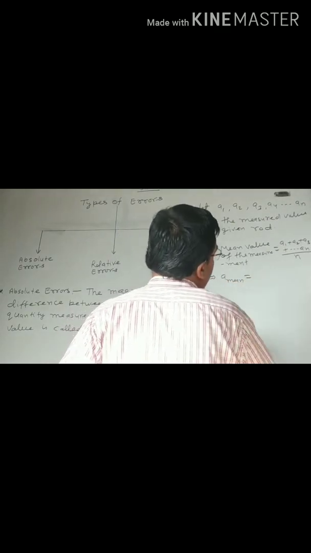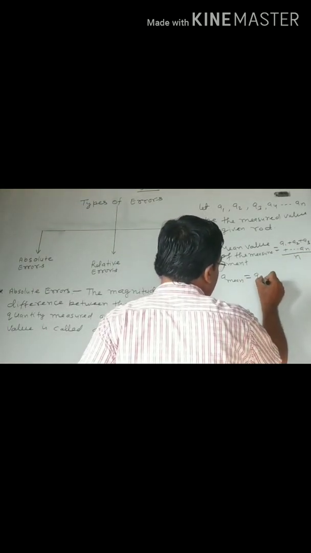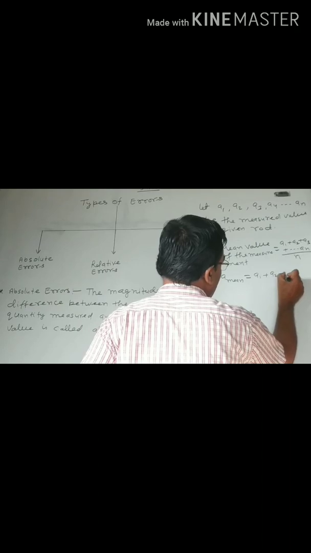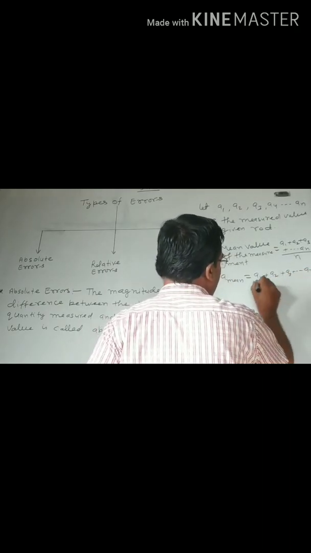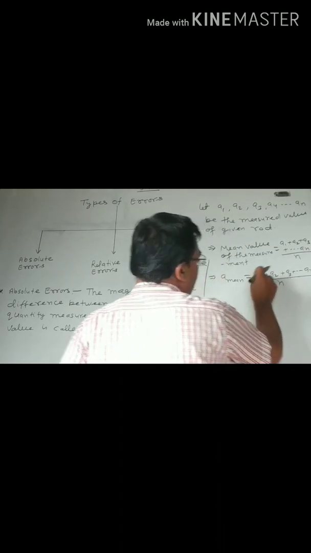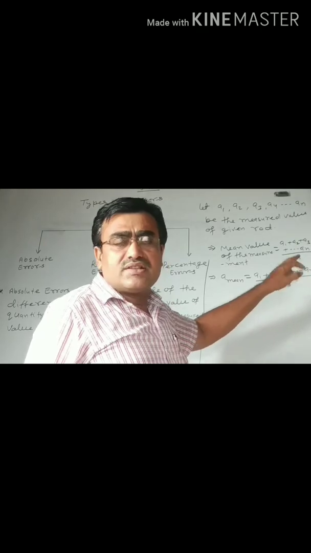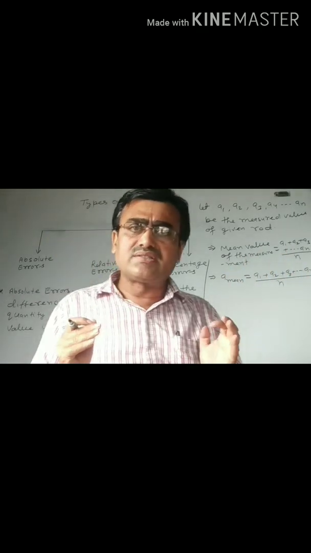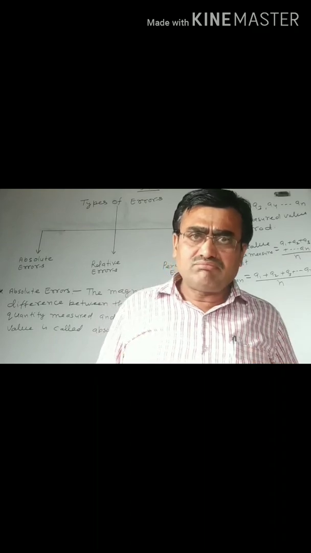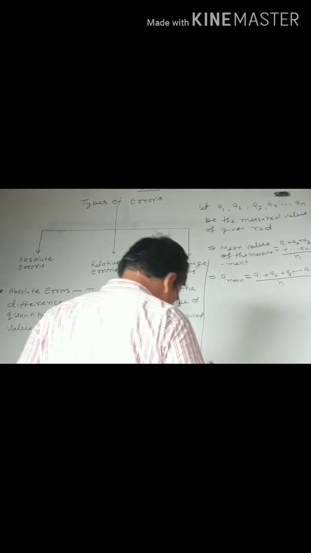Therefore it is written as A1 plus A2 plus A3 dash dash An upon N. If these are numbers, then a sum result comes.